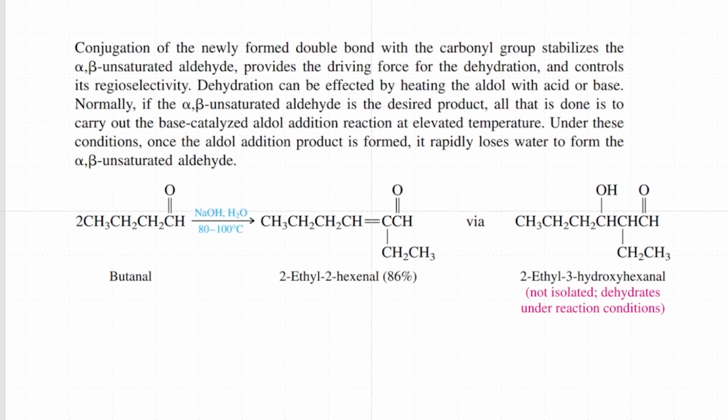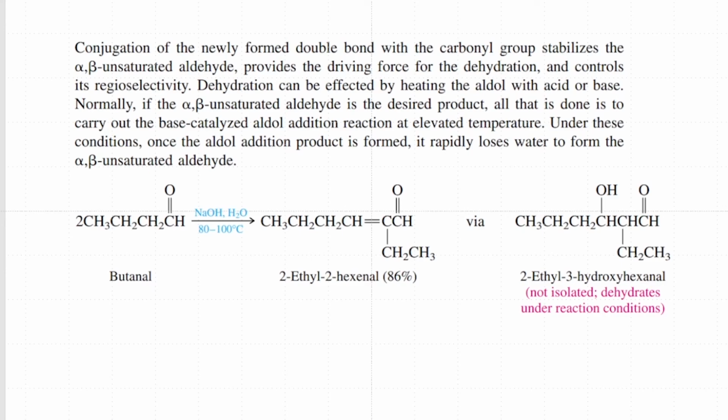It's about 86%. So if you want to make the actual aldol product, it's a little difficult to make, because the stability achieved by conversion of the alcohol to the olefin is fairly good, and it's in a positive direction.